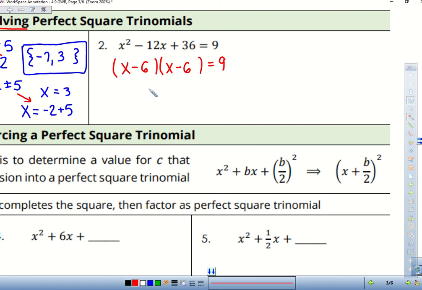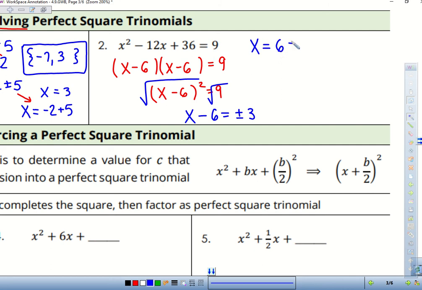And how can I write x minus 6 times x minus 6? Square it, to the second power. And then what can I do to both sides? Square root. That gives me x minus 6 is equal to plus or minus 3. So x is equal to 6 plus or minus 3.